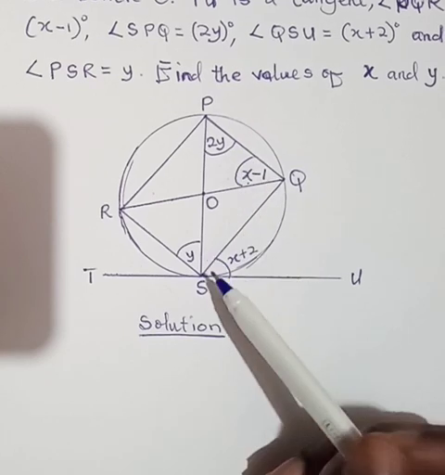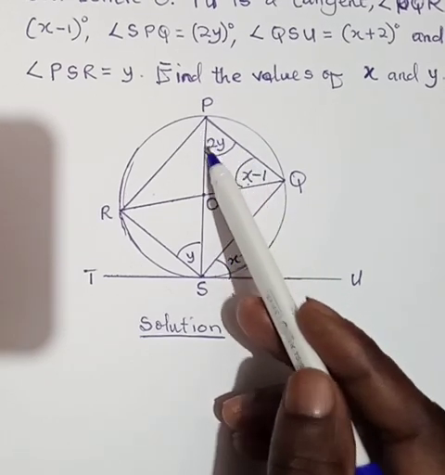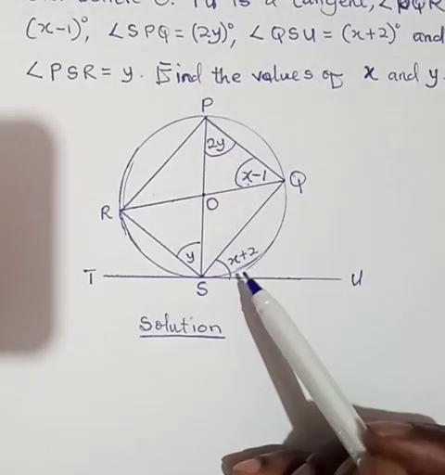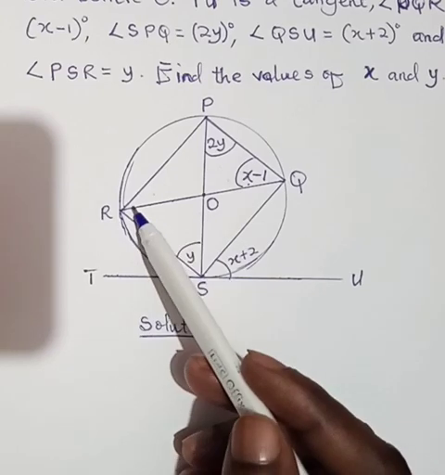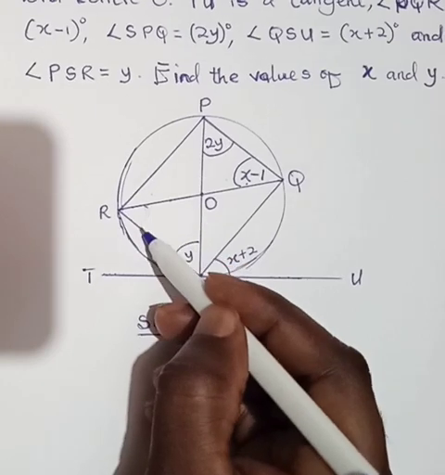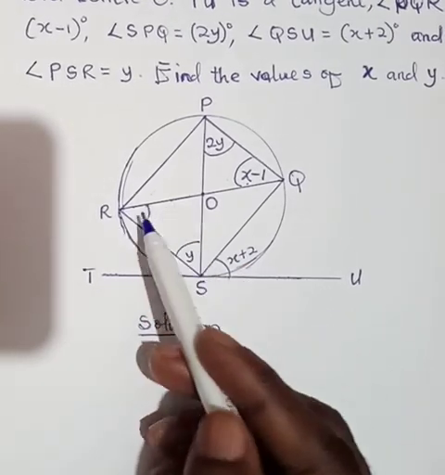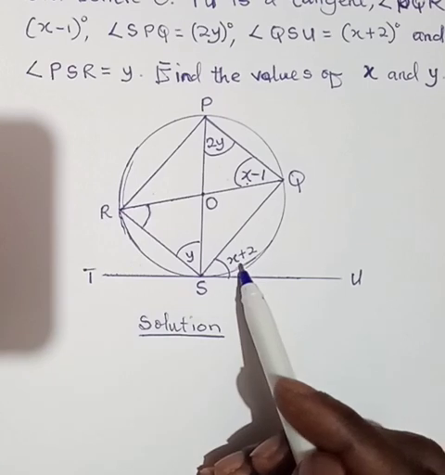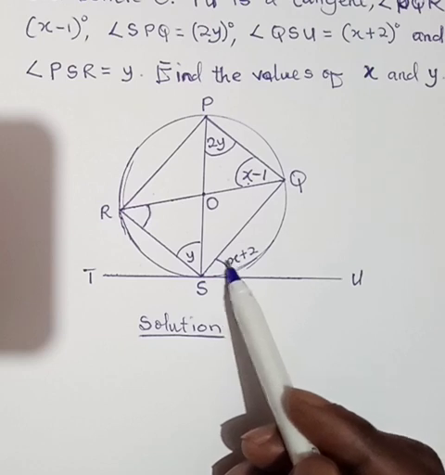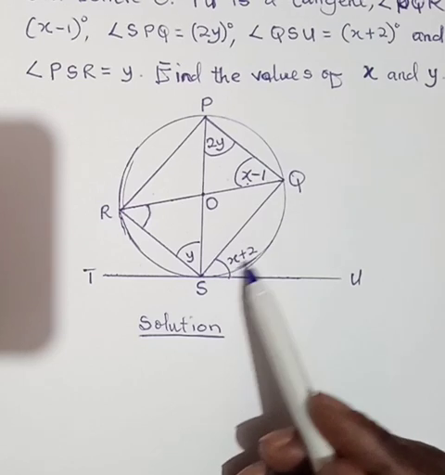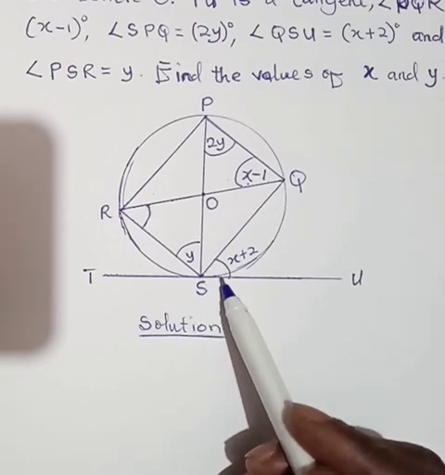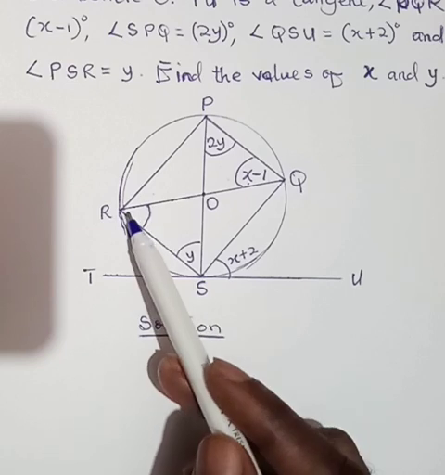Looking at this, this particular angle here, angle SPQ, is an alternate angle. We can also look at this particular angle here. So this angle too can be alternate to this angle. If this angle is x plus 2, because it is formed between a chord and a tangent, it is equal to the angle in the alternate segment.